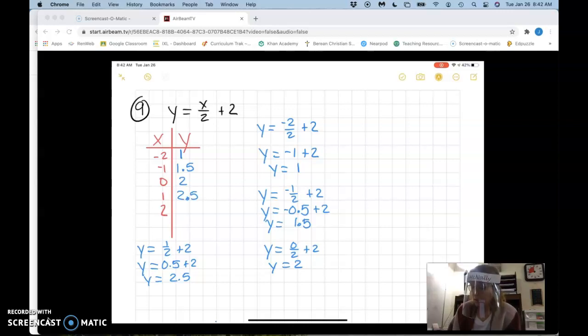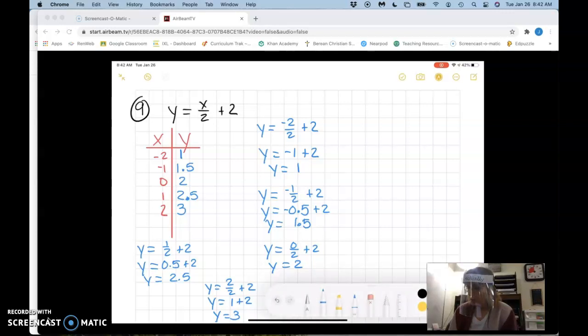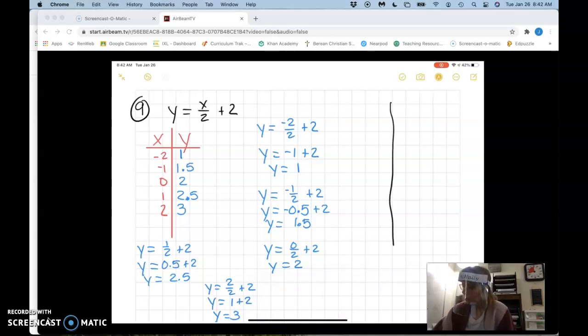And then the last one, 2 over 2 plus 2, 1 plus 2, which is 3. Okay? So again, this should look like a straight line. Let's see.